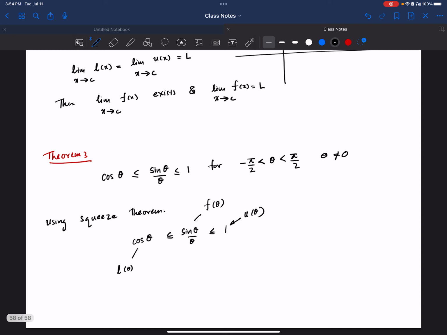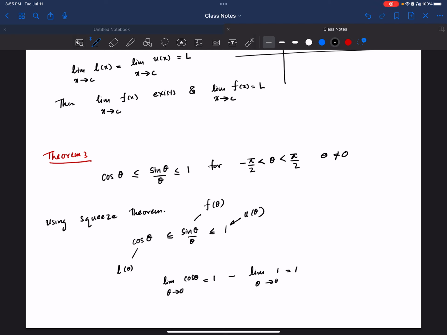Now let's see where the lower function and upper function go to when theta goes to 0. The limit as theta goes to 0 of cosine theta is 1. The limit as theta goes to 0 of 1 is 1.